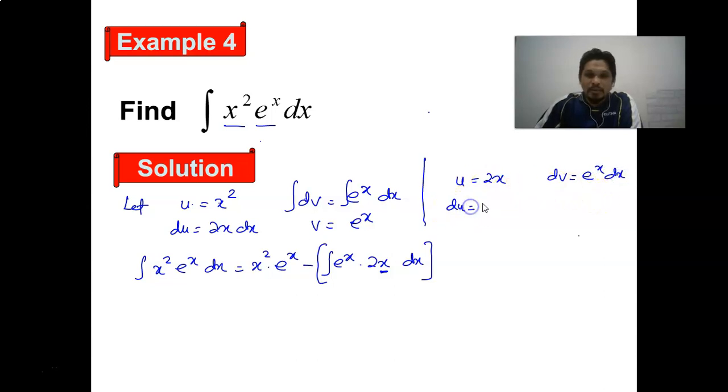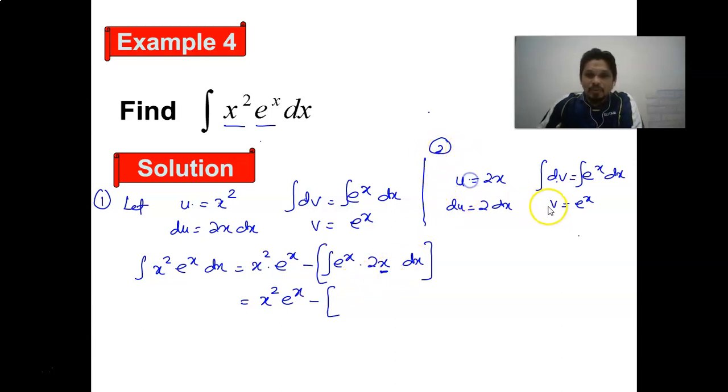Then du equal to 2 dx, and integrating left and right, v equal to e^x. So nothing changed here: x squared e^x minus, we come out with another integration by parts. This is the first u and dv, and this is the second u and dv, so we are referring to this one now.